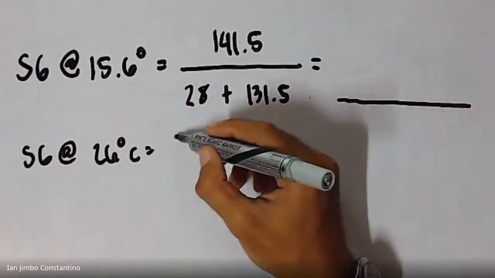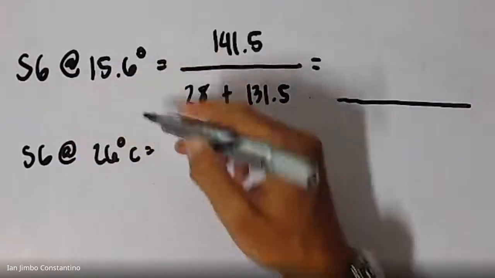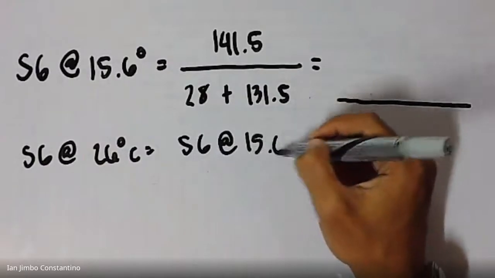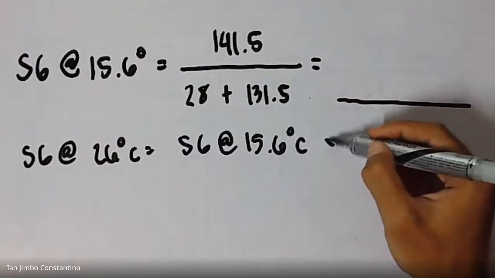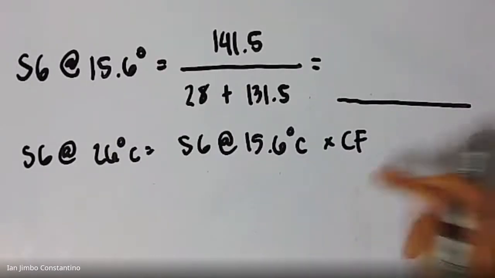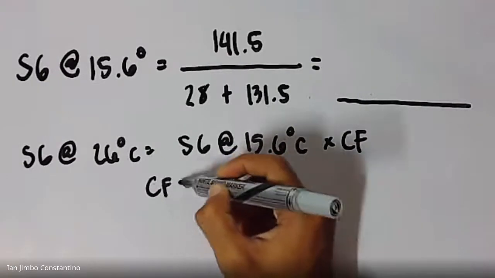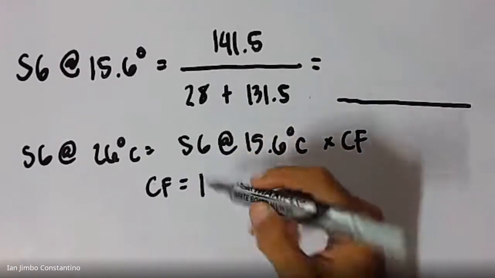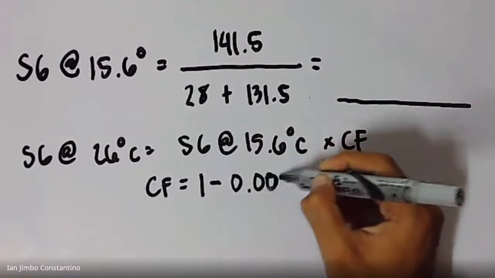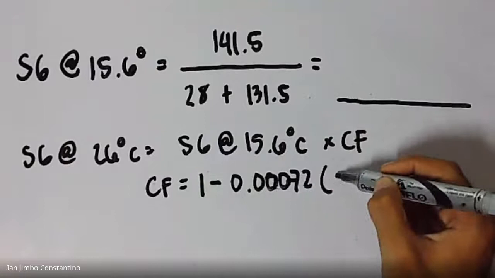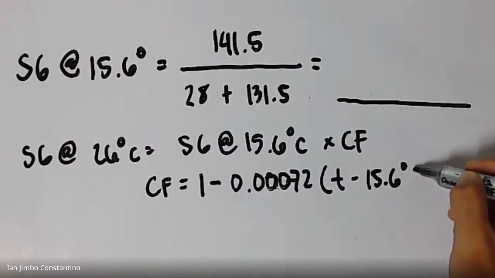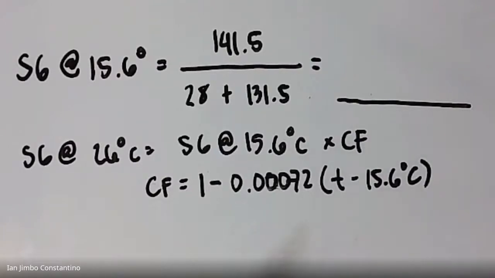And the formula for that, you simply multiply the value of your SG at 15.6 degrees Celsius with the correction factor. Now, the correction factor is given by the formula, since it is in SI units, 1 minus 0.00072 multiplied by the given temperature minus 15.6 degrees Celsius. Now, I will calculate it.